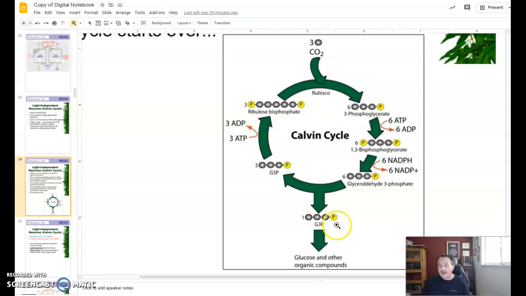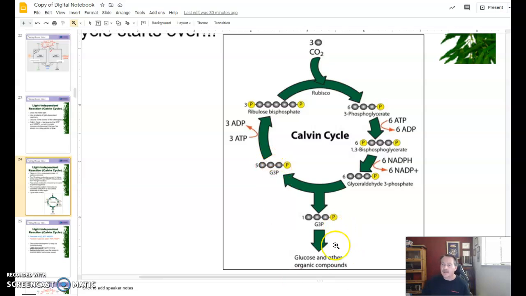They then combine together, and as they combine together, they lose the phosphates. These phosphates are then used up here in the ribulose bisphosphate, and they're also used as they go back to the thylakoid to be used for the NADP plus, and actually they're used for the ADP going to ATP.